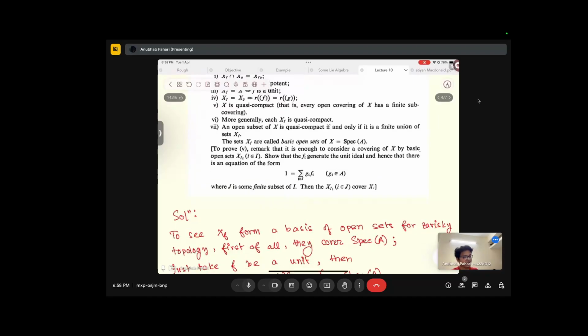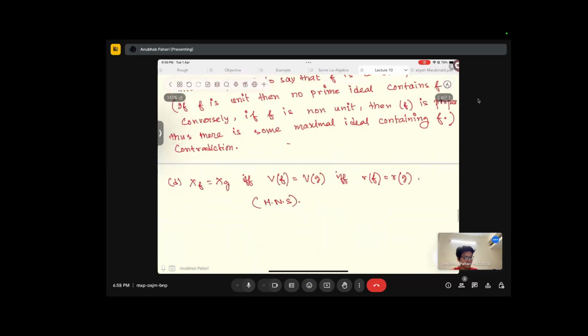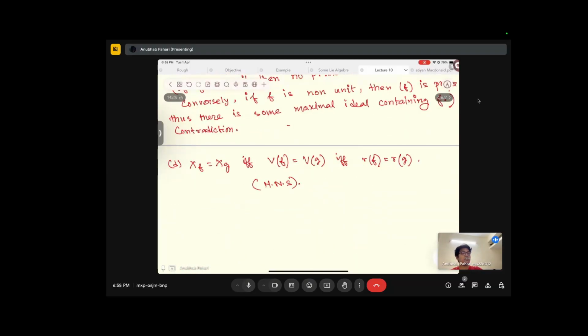I find no difference. This will actually come from Noetherianness and the finite sum property of this. But yeah, I'll be doing this.